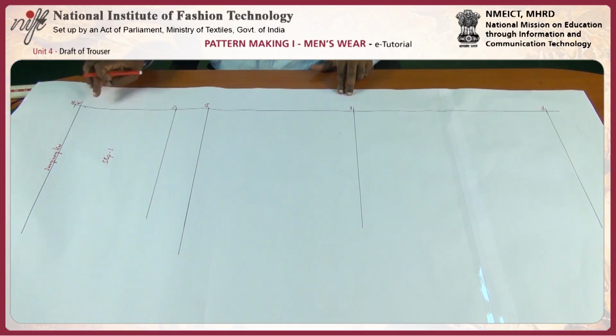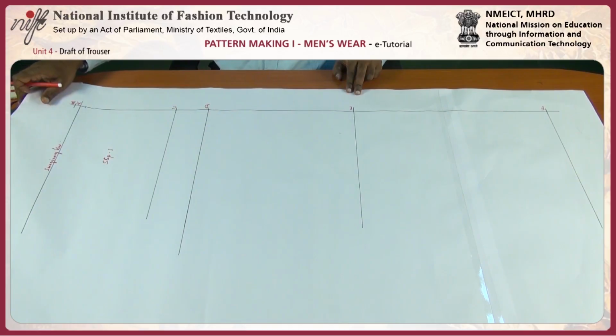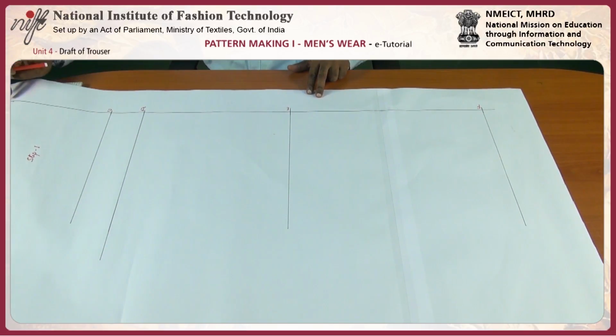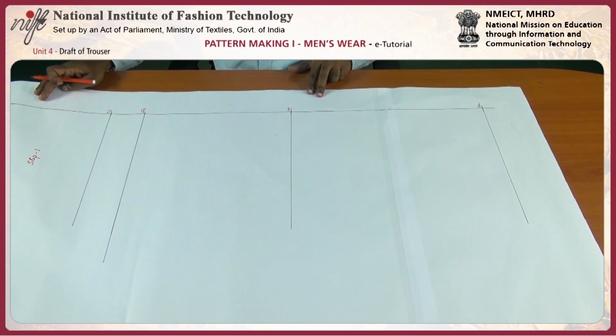A to E knee depth 57 centimeter. A to F side seam length, it's also called out seam, 99 centimeter.